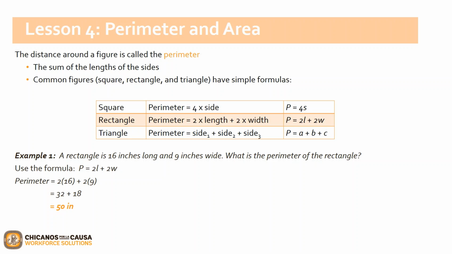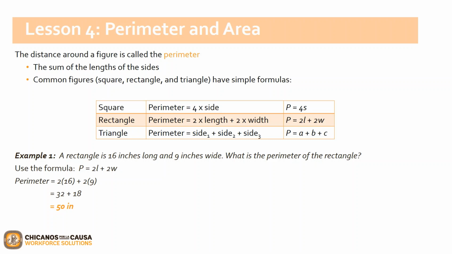To find the perimeter of a square, it's 4 times a side. For a rectangle, the perimeter is 2 times the length plus 2 times its width. In a triangle, you're going to find the perimeter by adding side 1, side 2, and side 3.